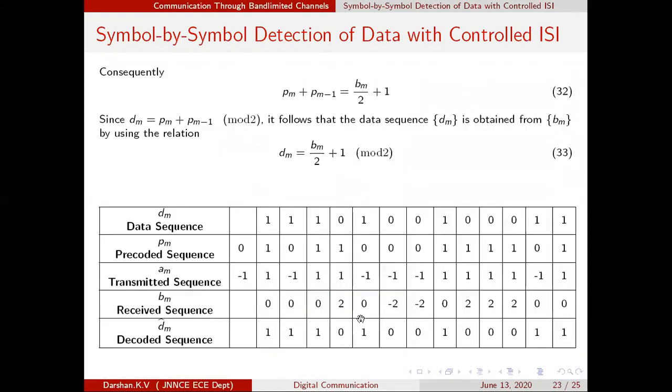But in the pre-coding concept, at any mth instant, you are dependent upon the received signal at the mth instant only. Yes, an error may happen. I'm not saying there won't be any error, but the error won't propagate. The error would be static.